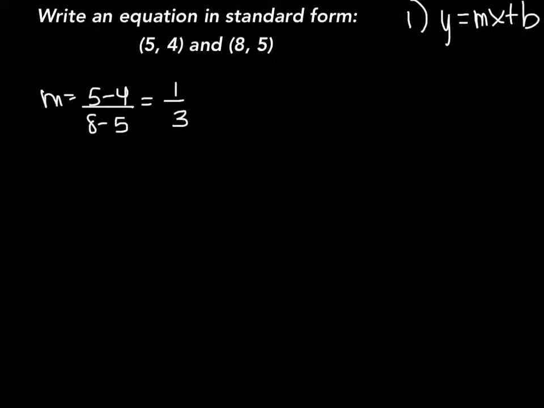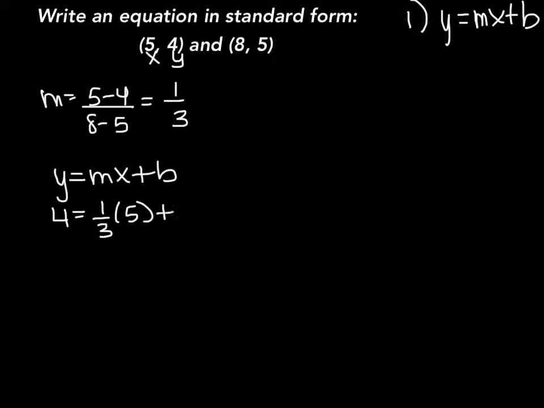So then we'd find the y-intercept by taking y equals mx plus b. M is going to get replaced with 1/3. I can choose either point. So I'm going to choose to replace y with 4 and x with 5. So then I get 4 equals 5/3 plus b. To isolate b, I would minus 5/3 from each side.